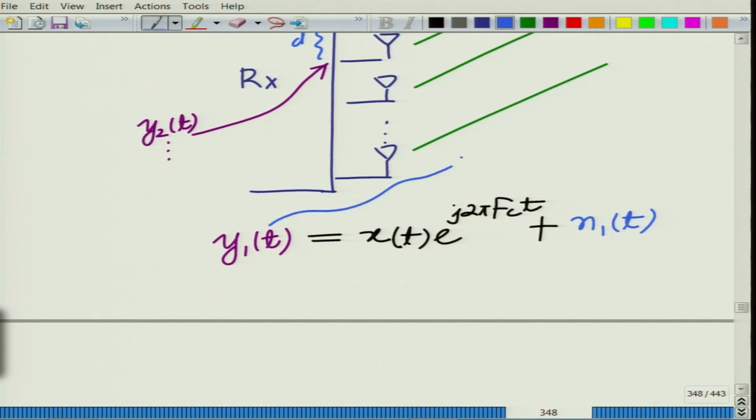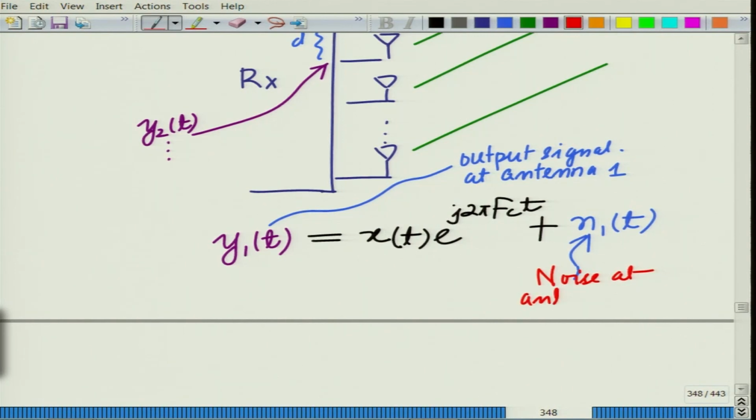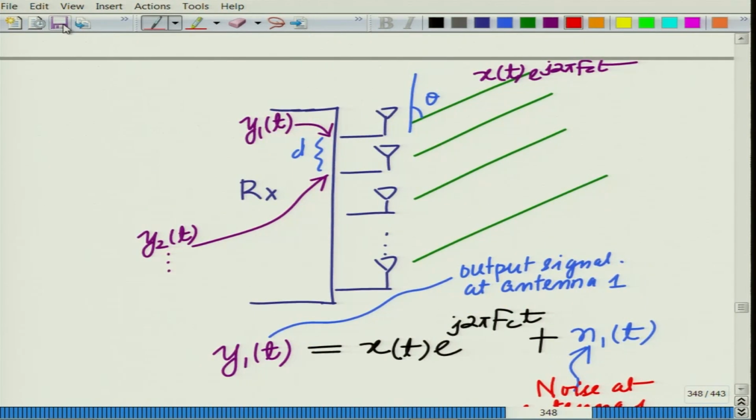So, this is the output signal at antenna 1, and this n_1(t), naturally, is the noise at antenna 1. Okay, very good.